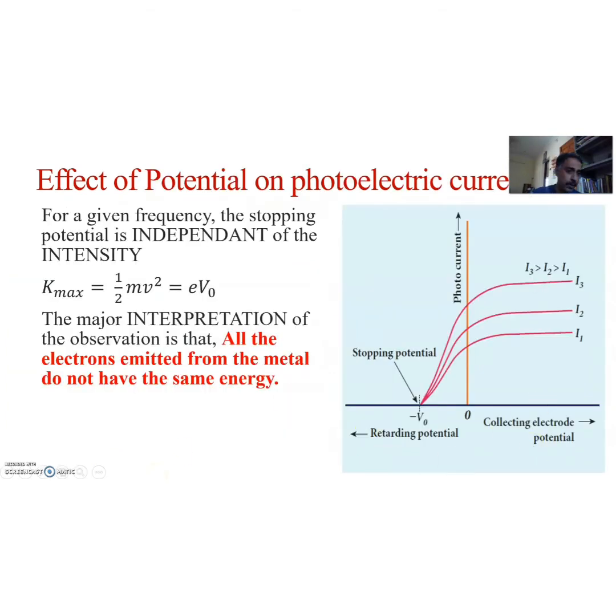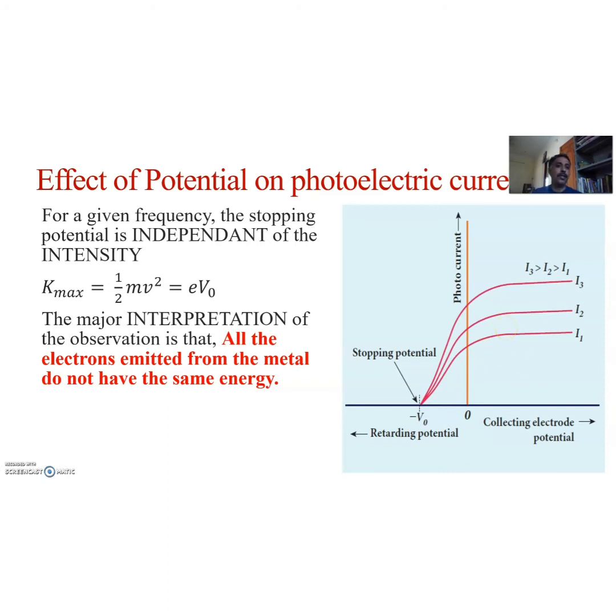First they kept the intensity at a particular frequency. If the frequency is fixed and the intensity is also fixed and the plate potential is fixed positive, right? Fixed positive, and they studied now.